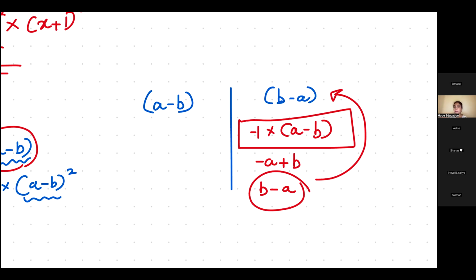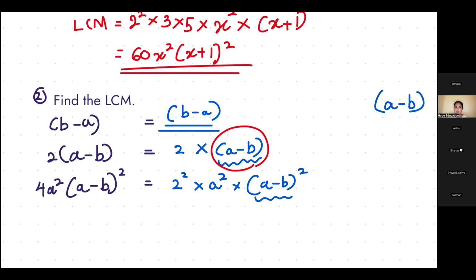Same idea, same meaning, because when you multiply a minus b by minus 1, you anyway get b minus a. If I write minus 1 multiplied by (a minus b), the answer will still be b minus a. Do you get what I'm trying to say here? Others, is it clear?